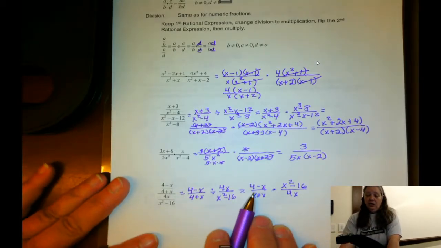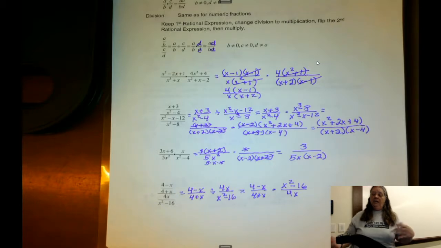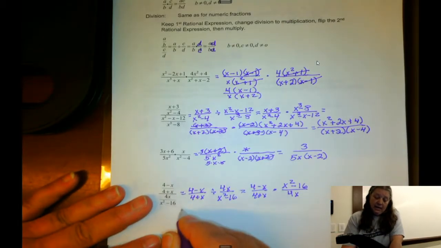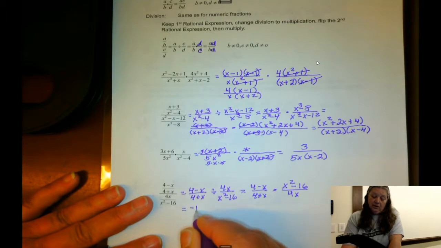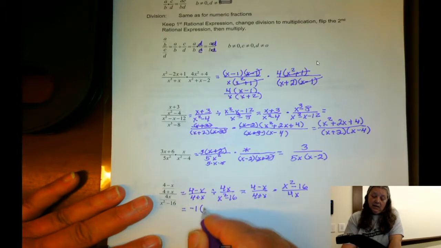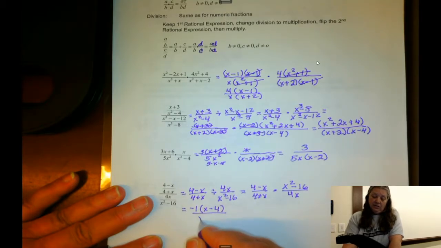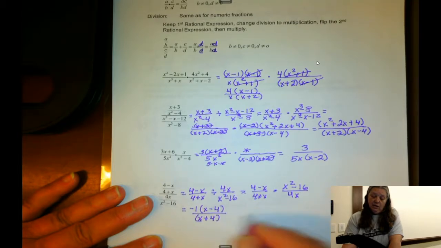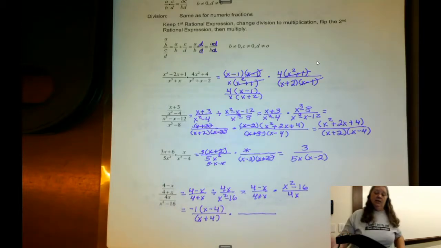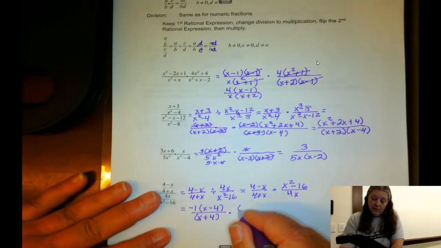Well, what we can do, because normally we like it written as x plus or minus something, we can factor a negative 1 out of the numerator, so we have negative 1 times x minus 4 over, and this, because it's a plus, we can just rearrange it to be x plus 4, times, and x squared minus 16 is another difference of 2 squares.